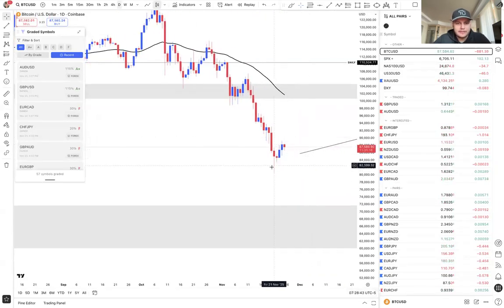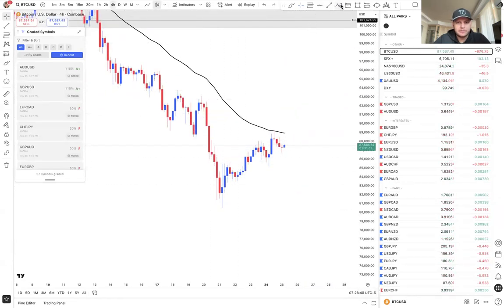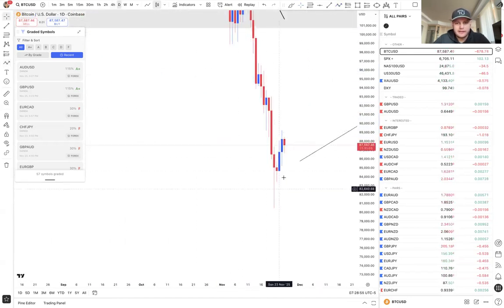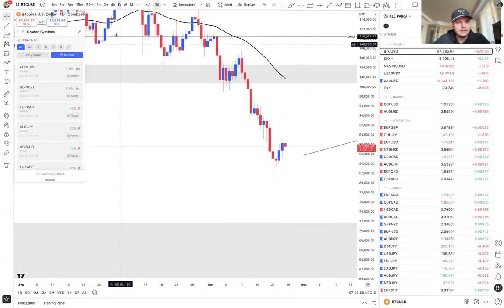Bitcoin is having a daily pullback, on the 4-hour time frame. It's still underneath the EMA, but something tells me that we might break above, retest, and actually start to buy, considering the fact that we already have a few bullish daily candles.